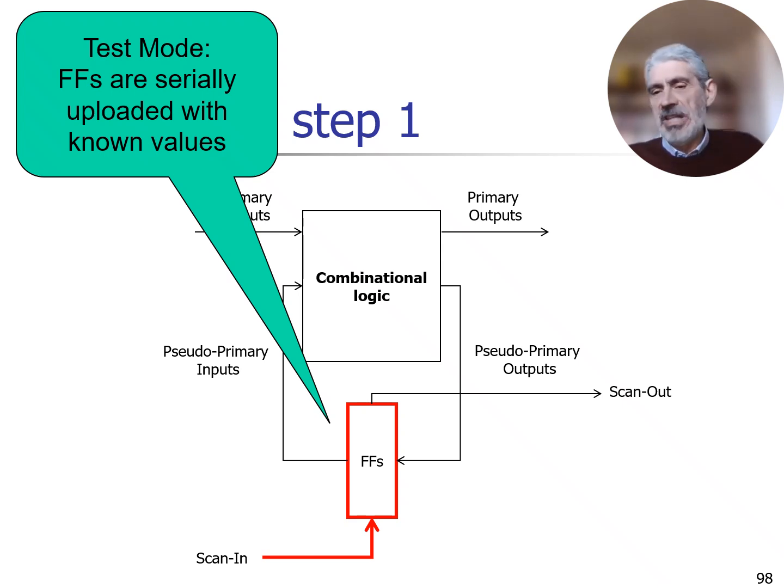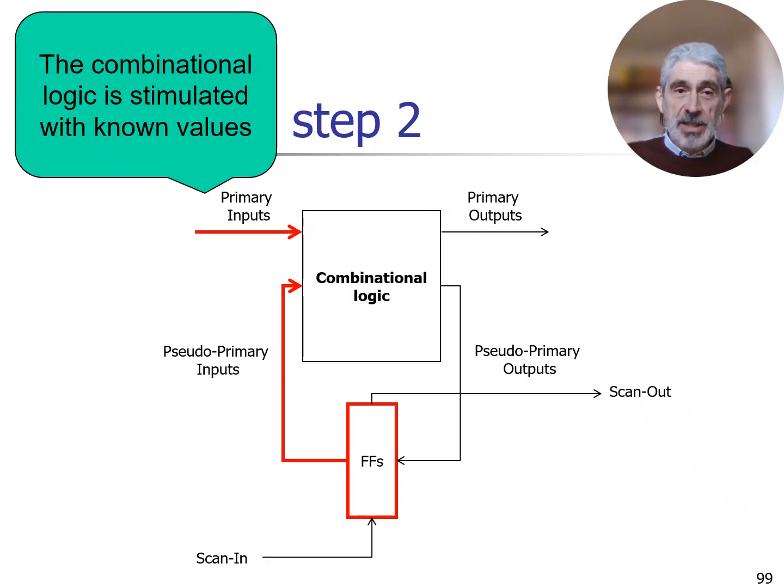I will easily be able to control the primary inputs, so the test vector can be applied to the combinational logic. This test vector is known to be able to test some faults because it may have been generated by an ATPG. At this point, the combinational logic is stimulated by the values I wished, detecting one or more faults.